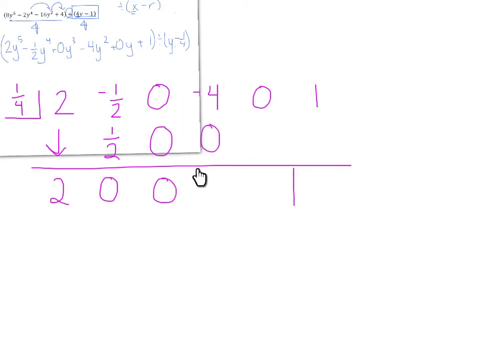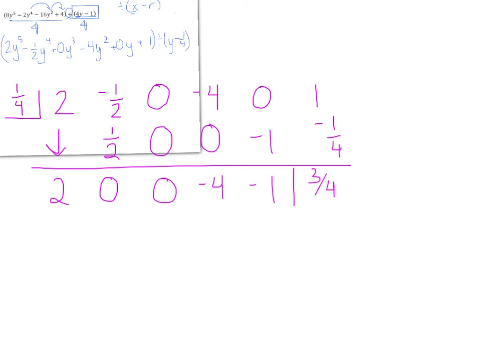We add negative 4 plus 0 is negative 4. We now multiply. Negative 4 times 1/4 is negative 1. We add 0 and negative 1 is negative 1. We then multiply. Negative 1 times 1/4 is negative 1/4. We add 1/4 and negative 1/4 to give us 3/4.